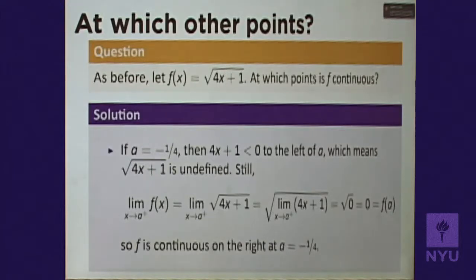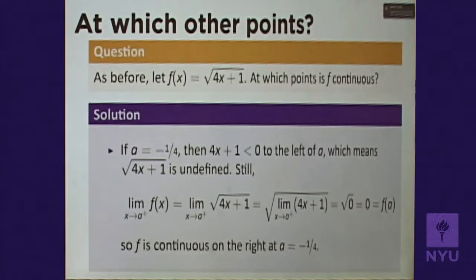That's because if we're taking the limit as x goes to negative 1/4, we have to consider points to the right of negative 1/4 and points to the left of negative 1/4. Now to the right, it's fine because 4x plus 1 will be positive. We can take its square root. But as we just discussed, if x is less than negative 1/4, the square root of 4x plus 1 is not a real number, so we can't take the limit from the left.